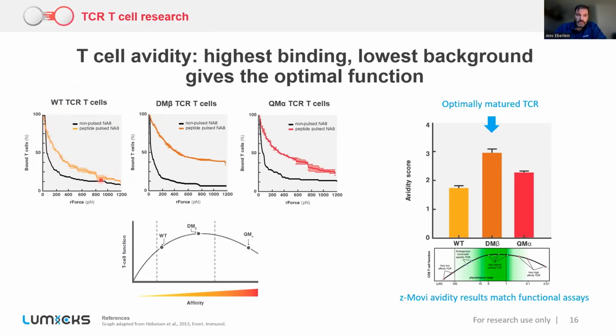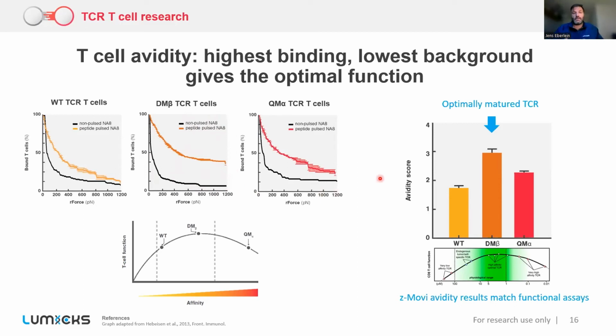These are peptide pulsed NAH cells. The intermediate version of the TCR is shown in the middle, where you can see there's a shift, right? They increased the affinity of the TCR, which translated in this case into an avidity increase of the TCR interacting with the target. So there's a nice separation between unpulsed and peptide pulsed NAH cells.